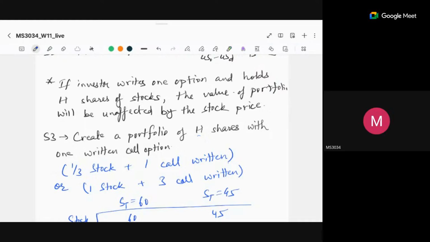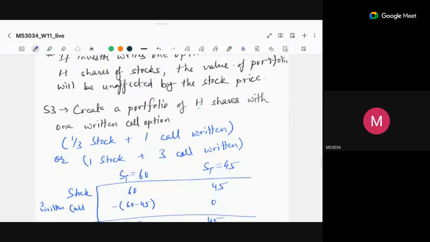For simplicity, if you multiply a portfolio by a constant number, it will still give a certain payoff. So I multiply this portfolio by 3, and then I get this portfolio. These two portfolios are similar in a way; if you divide the cost by 3, the cost will be the same.